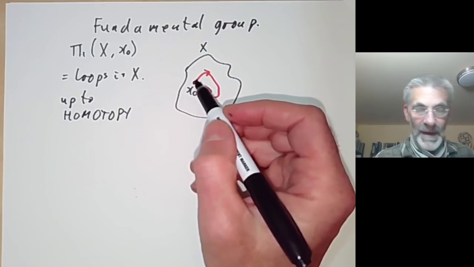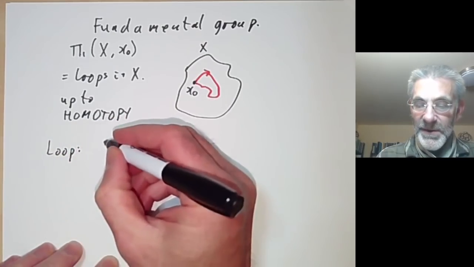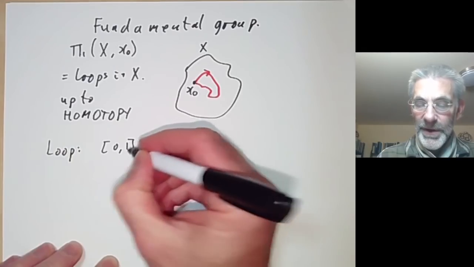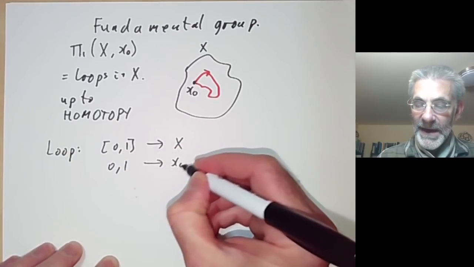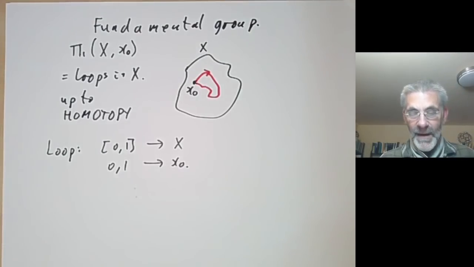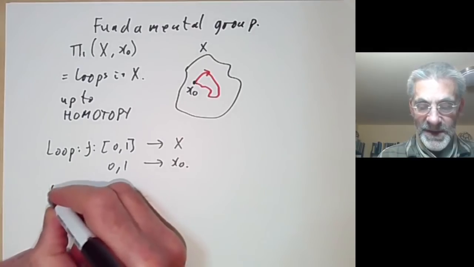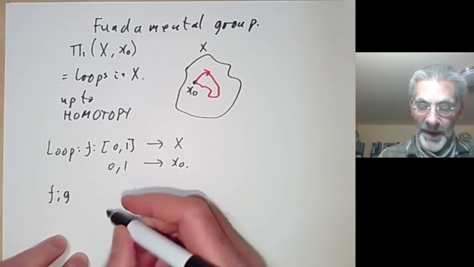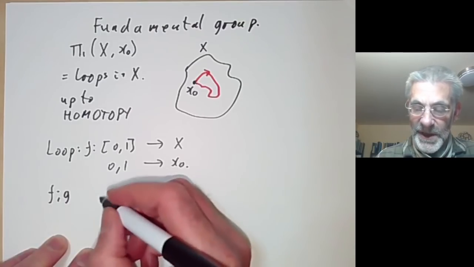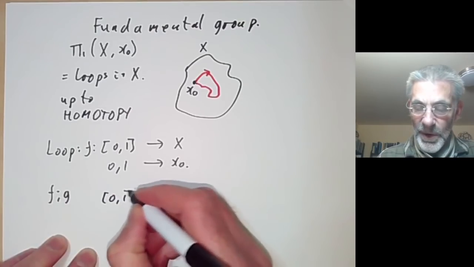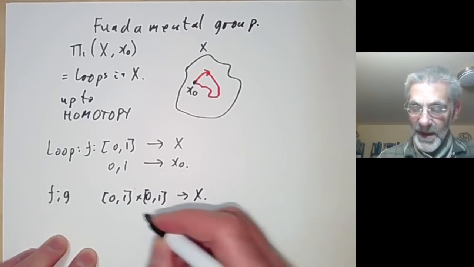More precisely, a loop is a continuous map from the interval [0, 1] to x, which takes 0 and 1 to the point x0. And we recall a homotopy between loops f and g. Suppose I've got loops f and g, then a homotopy from f to g will be a map from [0, 1] times [0, 1] to x.